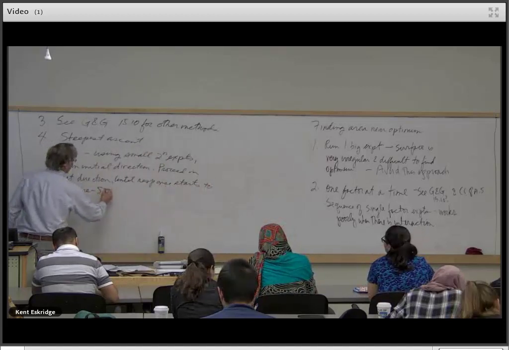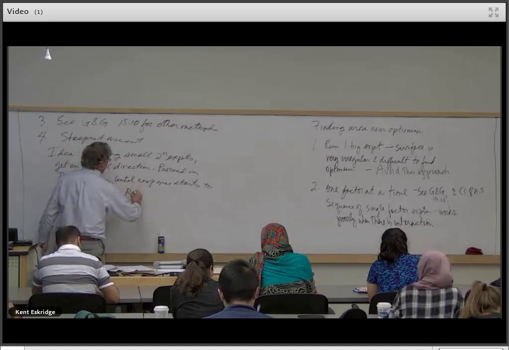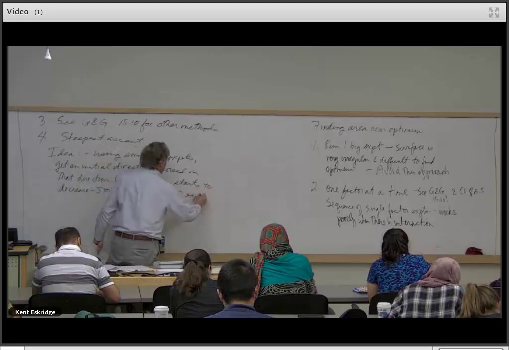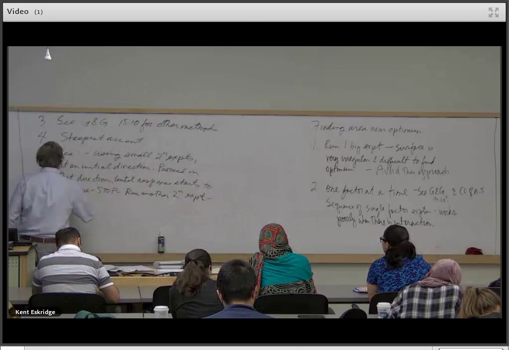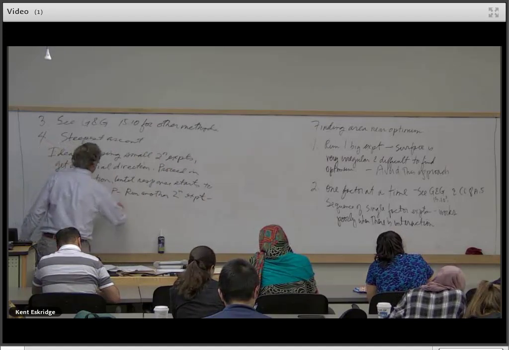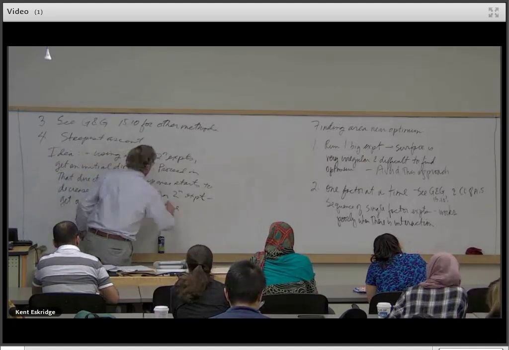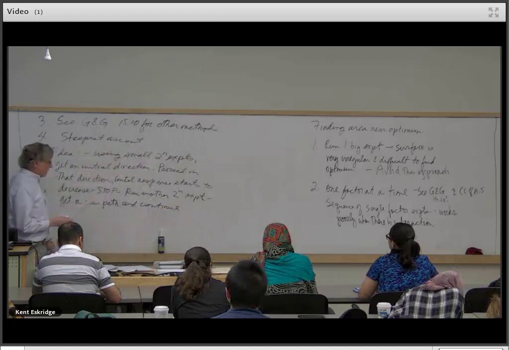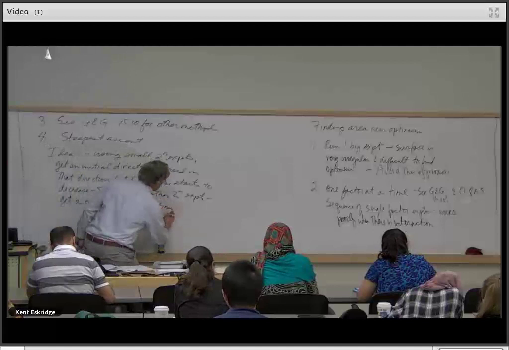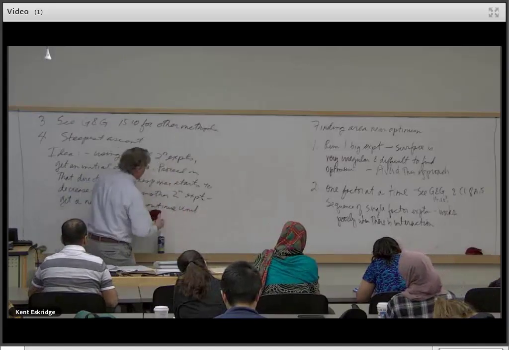Then stop. Do another. Run another 2 to the n experiment. Get a new path of steepest descent. And continue. And of course, we're going to continue until what? We're going to continue until no more increase is evident.